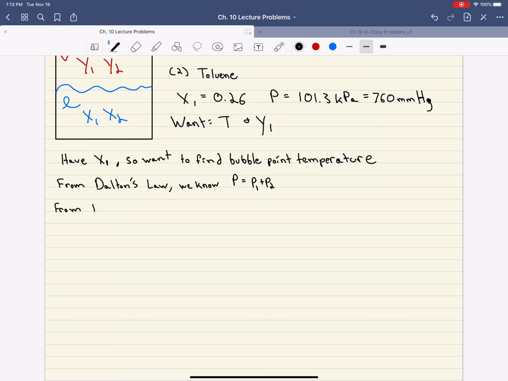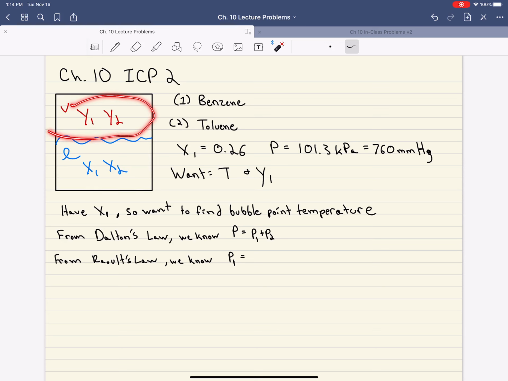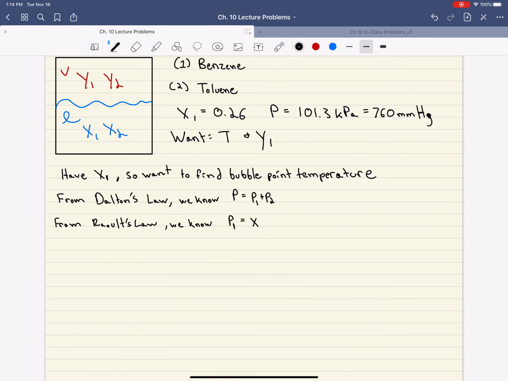The next law that we should use is Raoult's law. Raoult's law tells us that the partial pressure of species 1 in the vapor phase, how much of the total pressure is caused by species 1, is related to the composition of the liquid phase via this equation. Similarly, we could write this equation for P2.